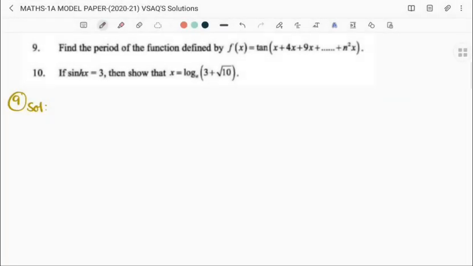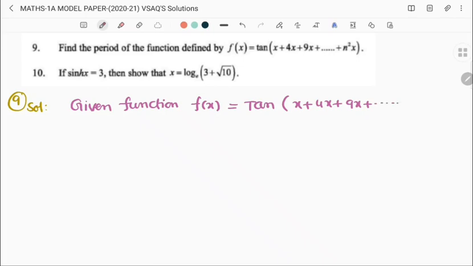Find the period of the function defined by f of x equal to tan of x plus 4x plus 9x plus and so on plus n square x. So first, the given function: f of x is equal to tan of x plus 4x plus 9x plus and so on plus n square x.